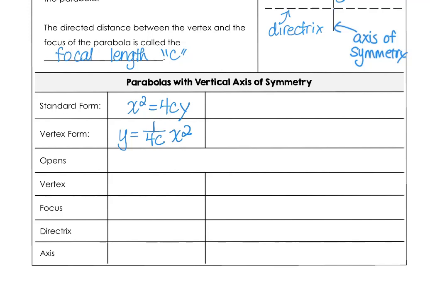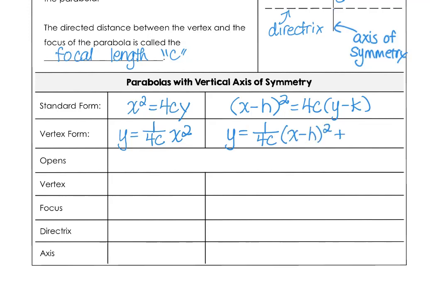However, when we move that parabola off of the origin, you have to consider the hk value, which h is the x-coordinate, and k is the y-coordinate, which you should be familiar with from our transformations all through the year. And solving for y, some textbooks ask us to do this, would look like that.